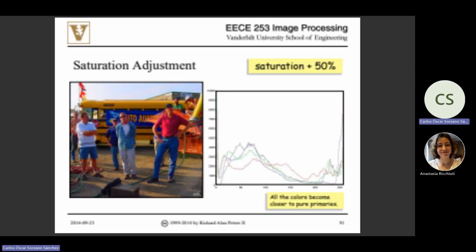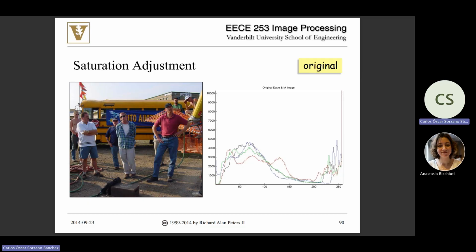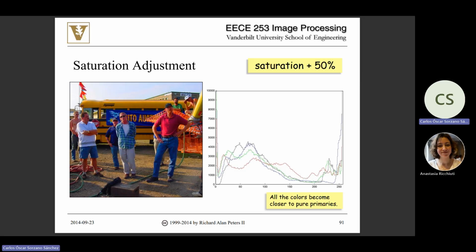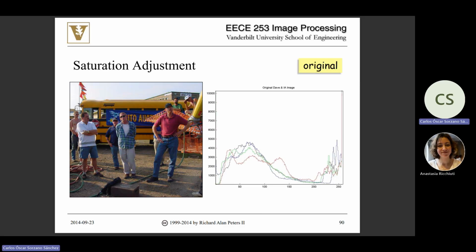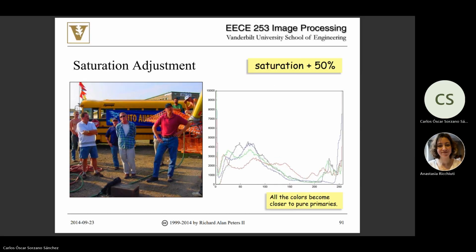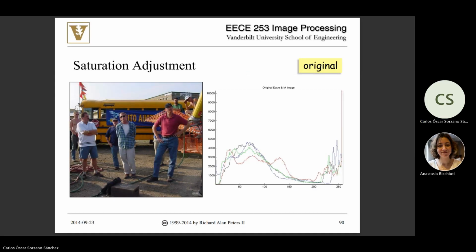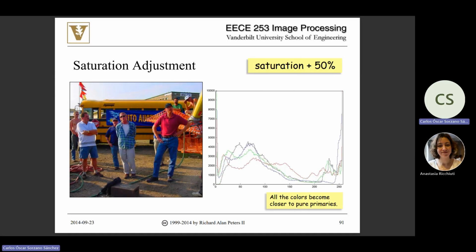Maybe so if you go from here, look at this one now. It has changed. You see? It's changed a lot. And actually you would expect more higher values because they have to be more saturated, so they have to be closer to the edges.